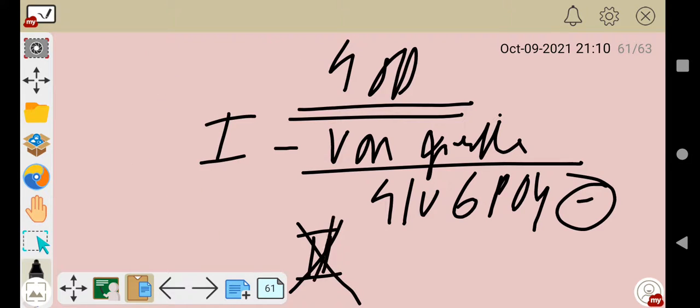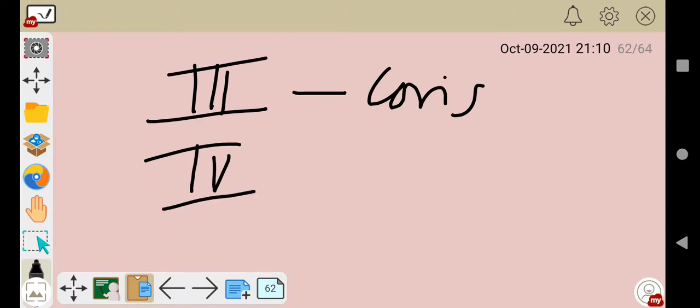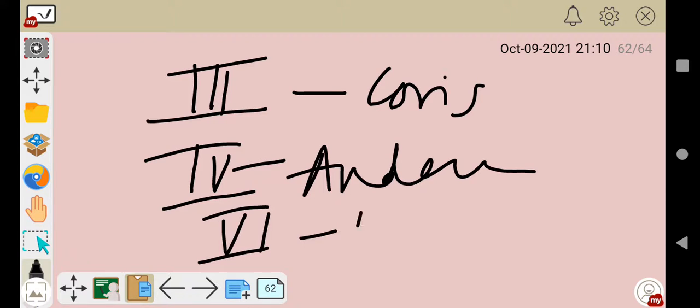There is no number 2 GSD, guys. Number 1 GSD Von Gierke's glucose 6-phosphatase defect, and number 3 GSD it is Cori's. Number 4 Anderson's. Number 6 Hers'. Number 7 Tarui's.